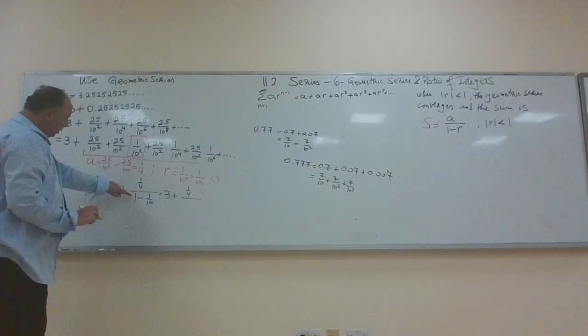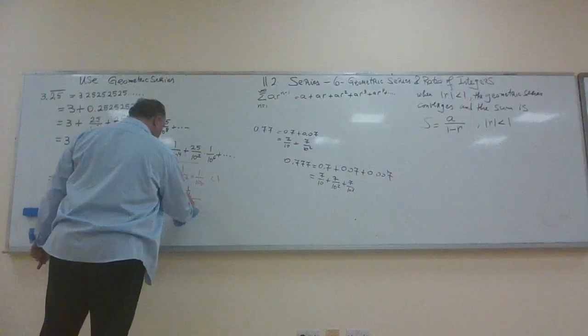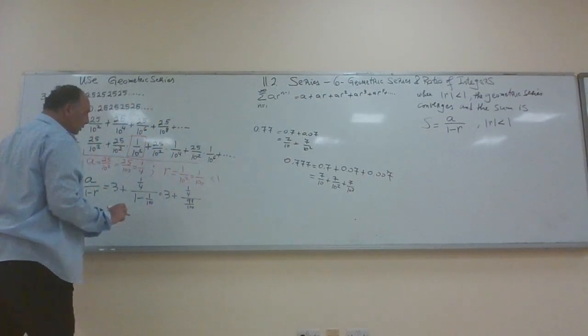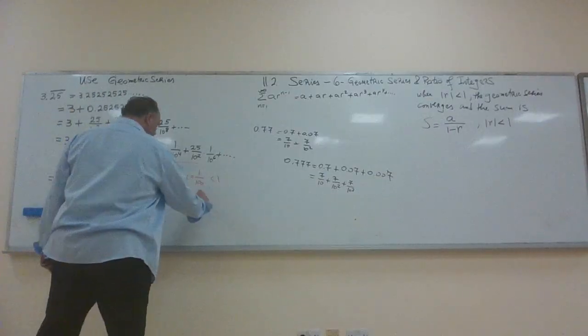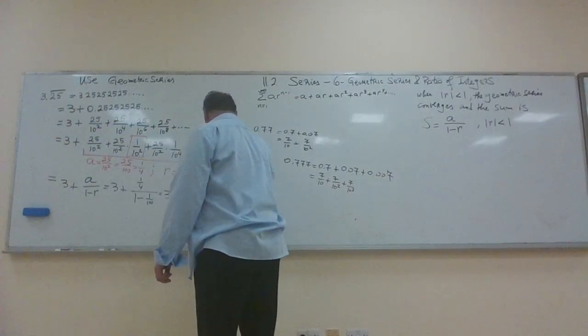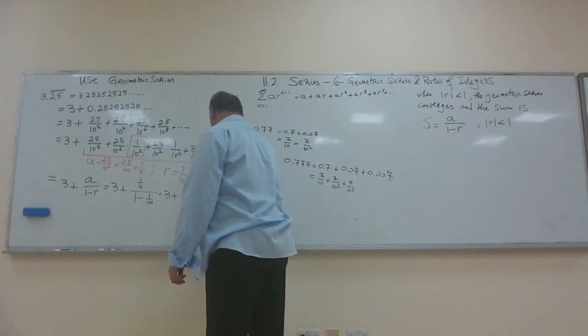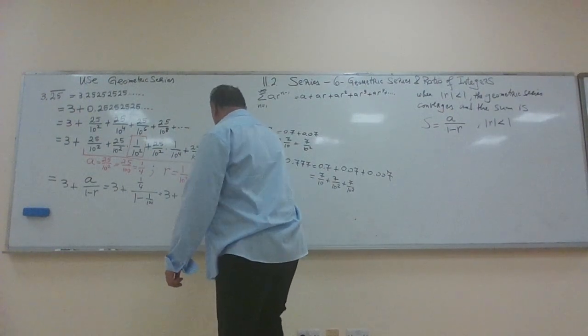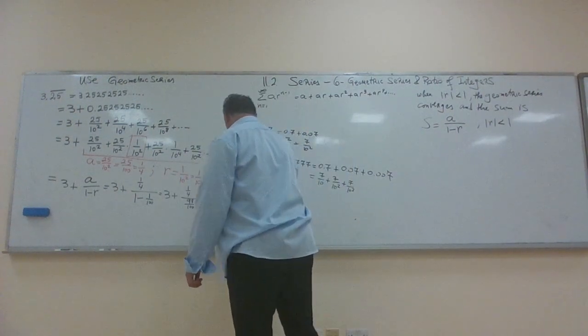Here is 100 over 100, that's 1. So 100 minus 1 is 99 over 100. So here the 100 goes up. We have 4 times 99. Now 100 divided by 4 is 25.